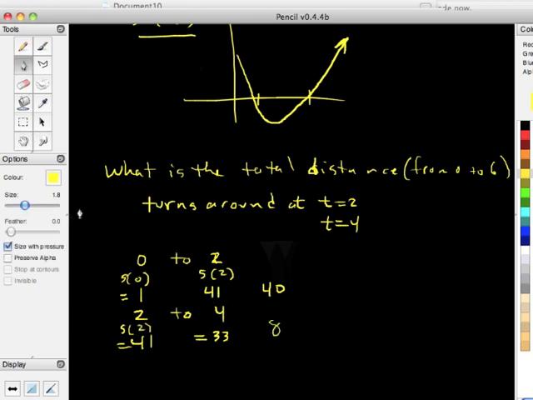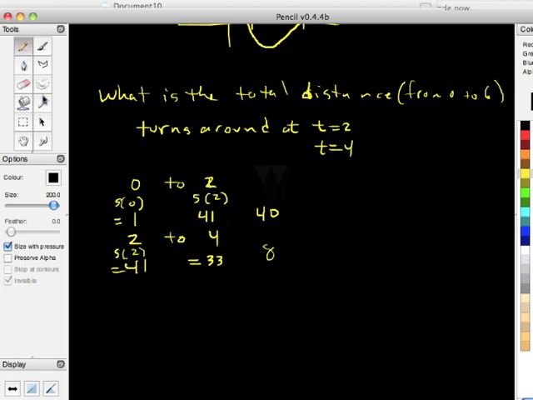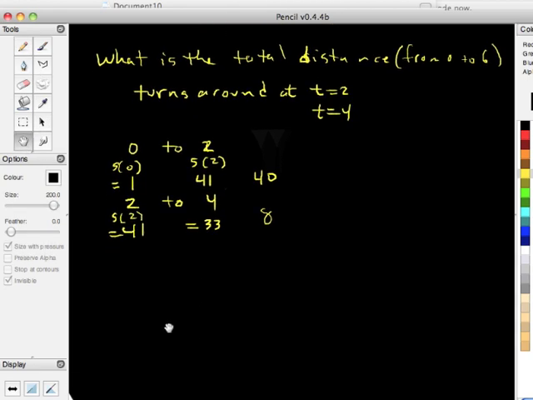So really all we need to know now is what its position was at t equals 6, because we wanted to go all the way to 6. So from 4 to 6, we know it was at 33 at 4.